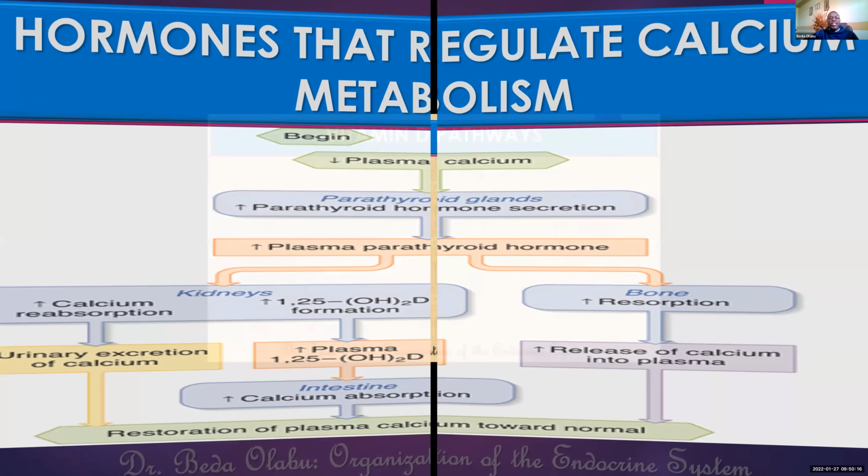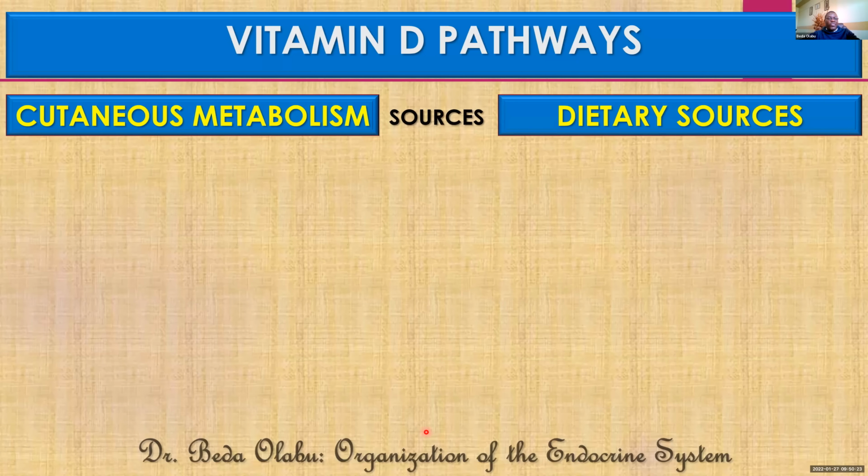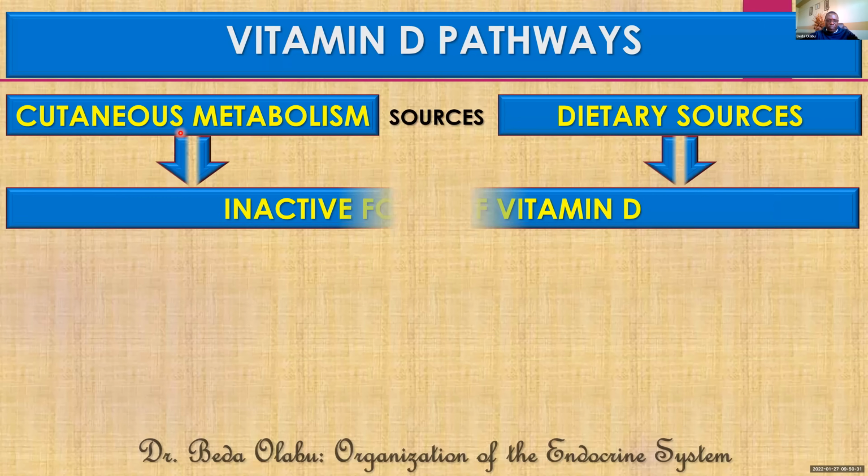Good. Let's finish with the pathways of vitamin D. We get vitamin D either from what we eat or from metabolism in the skin. Whether it's from skin metabolism or from what we've eaten, the form of vitamin D that we get in our circulation is not active.